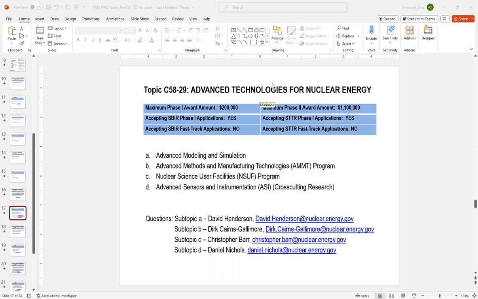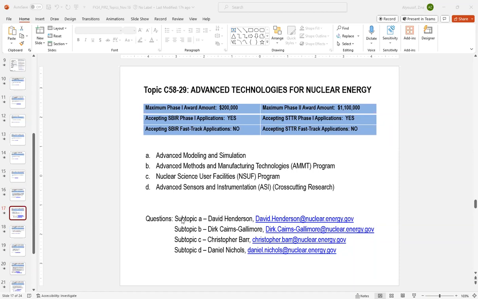But again, it's up to the applicant to clarify what sort of conditions they are developing this sensor for, and then back that up with what sort of environment they anticipate, and really speak to that.